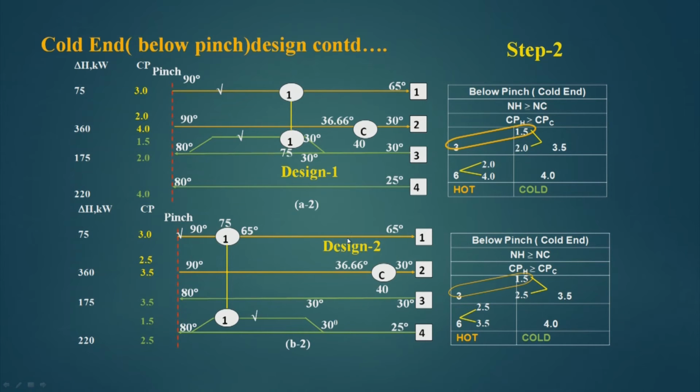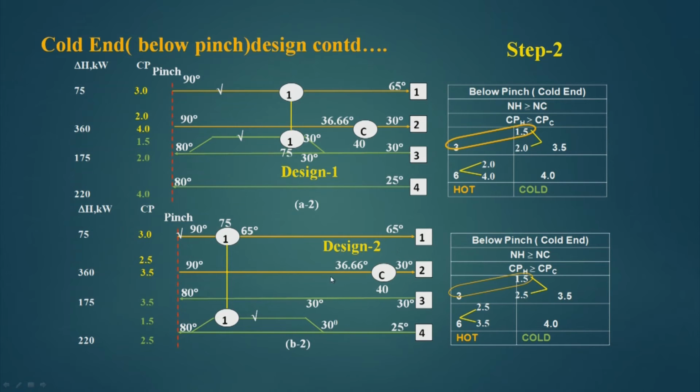So, we have put it at the end. When the temperature is 36.6, the entry temperature to this cooler, and if the cooler takes 40 kilowatt of heat, this stream comes to 30 degrees centigrade, which is the target temperature of this stream number 2. Here also the same thing, I have put a cooler of 40 kilowatt, the entry temperature is 36.66 degrees centigrade and it moves to 30 degrees centigrade.